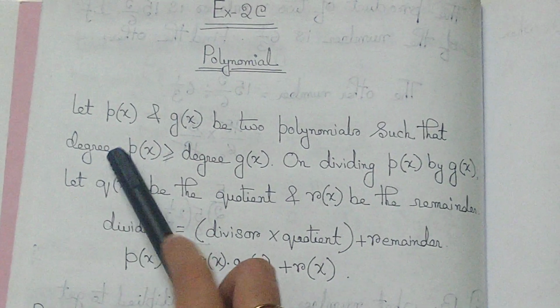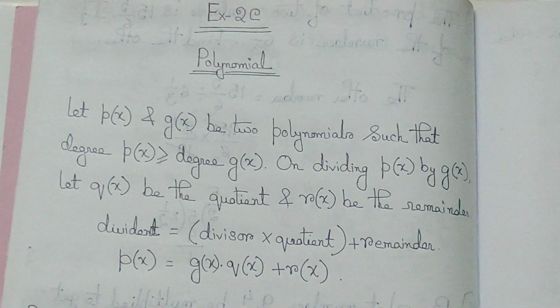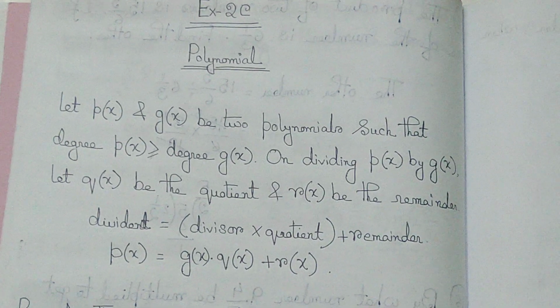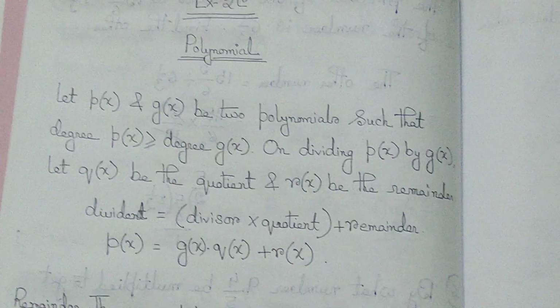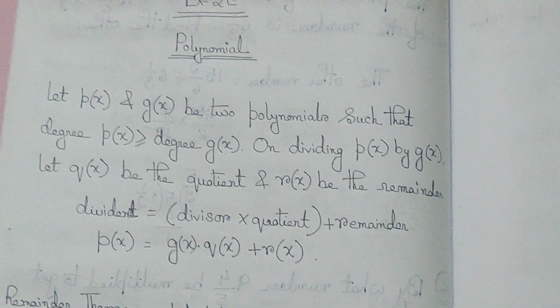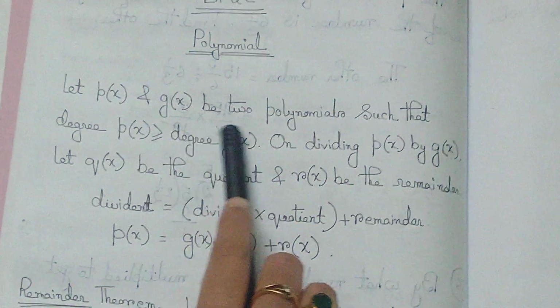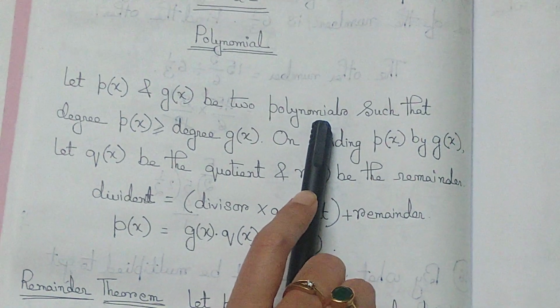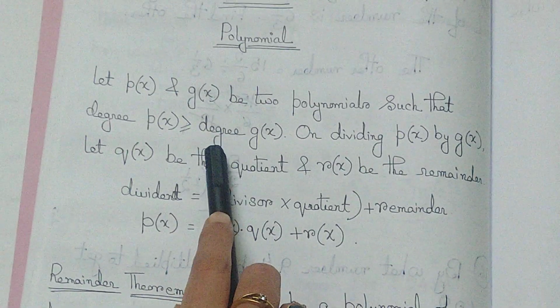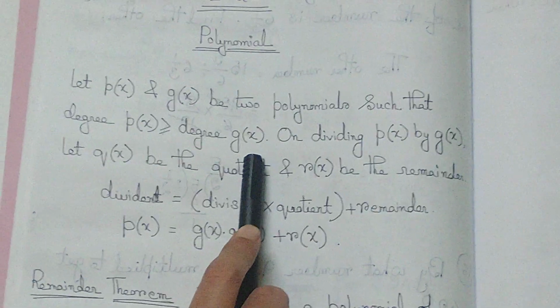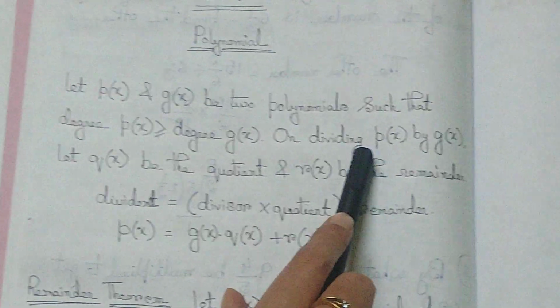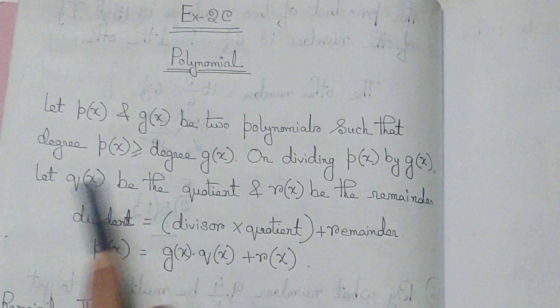As you all know, p(x) and g(x) are polynomials, which means the power of x or any other variable present is non-negative. That is why p(x) and g(x) are two polynomials, and the degree of p(x) should be greater than or equal to the degree of g(x). On dividing p(x) by g(x), what will we get?